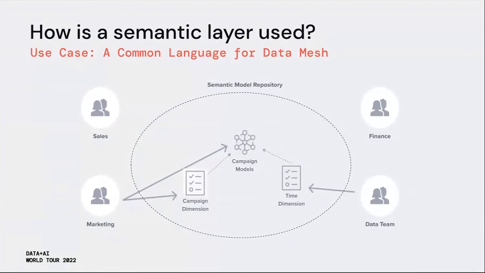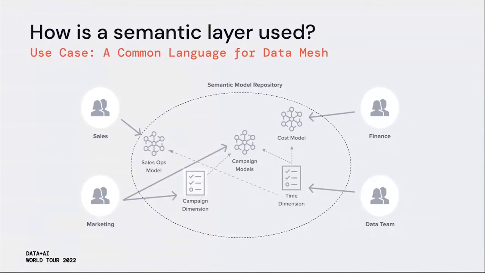And of course, others can use those campaign models to do analysis without having to understand everything that the marketers are doing. Now, the sales team may create sales ops models, and they may consume that time dimension. And you may have the finance team who creates their cost models, and they may also get access to that time dimension.